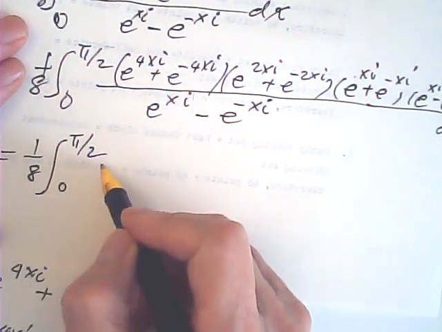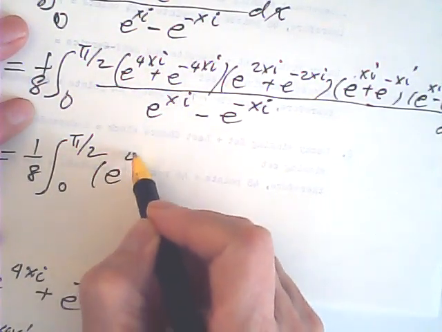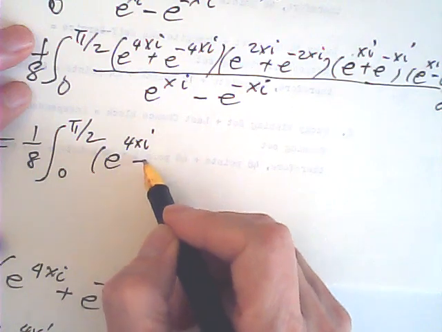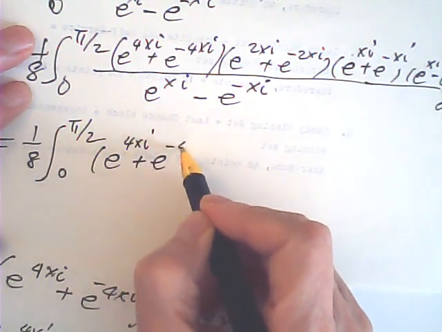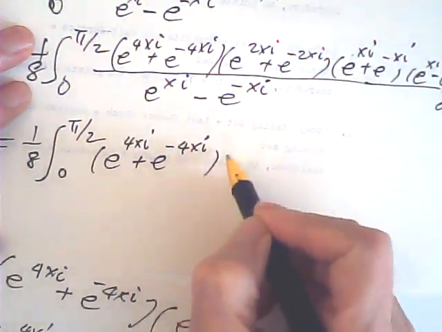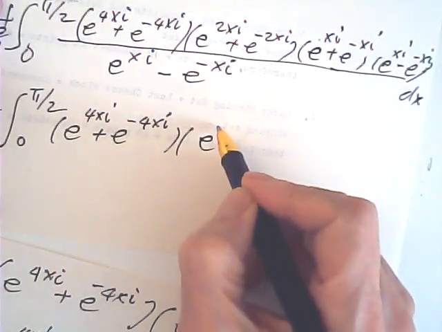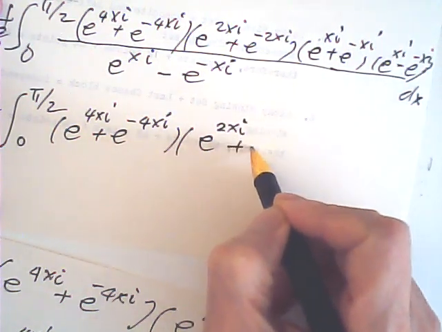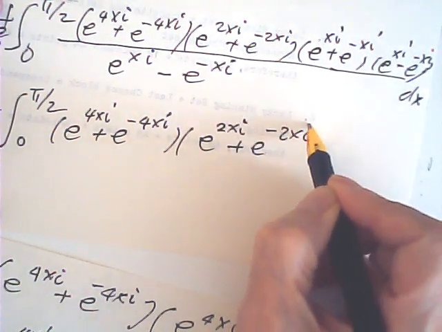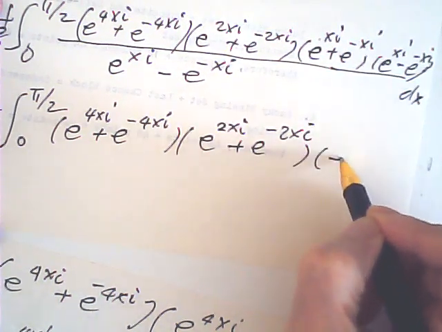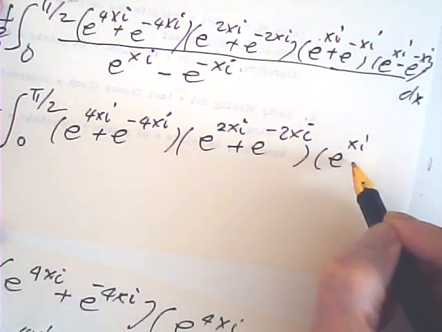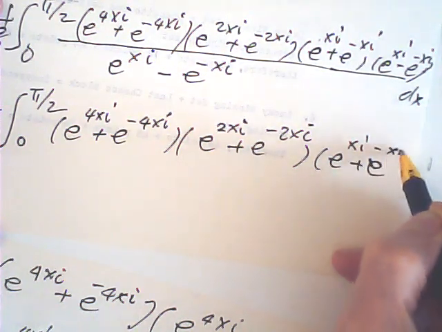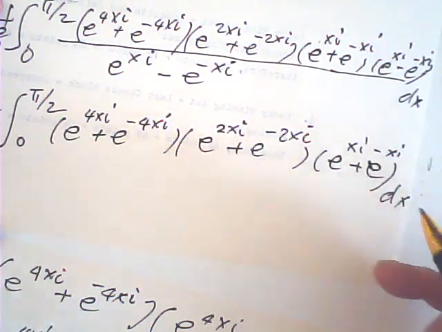It becomes e to the 4xi plus e to the negative 4xi, times e to the 2xi plus e to the negative 2xi, times e to the xi plus e to the negative xi, dx.